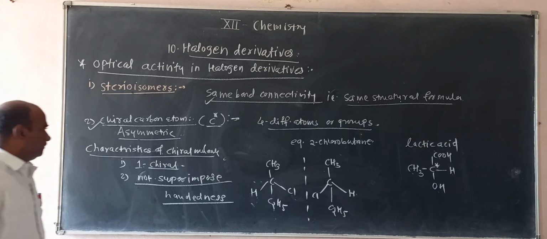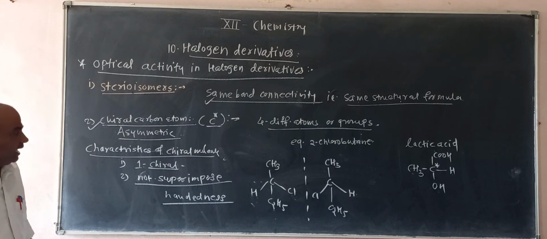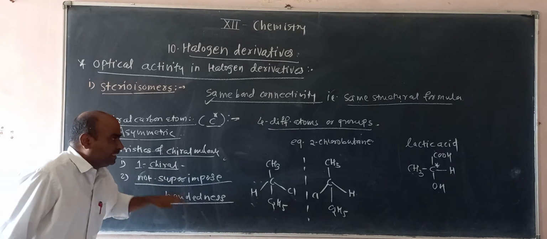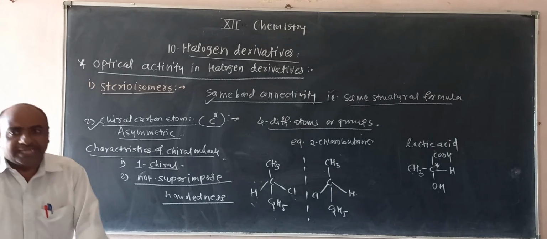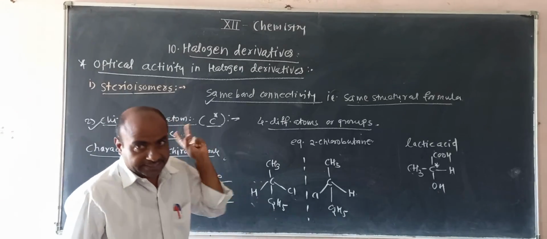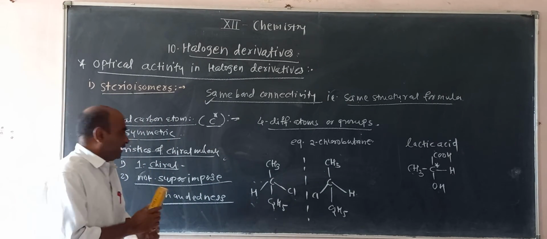These are some important characteristics of a chiral molecule, and if at least one chiral atom is present in a molecule, then such a molecule shows optical activity.